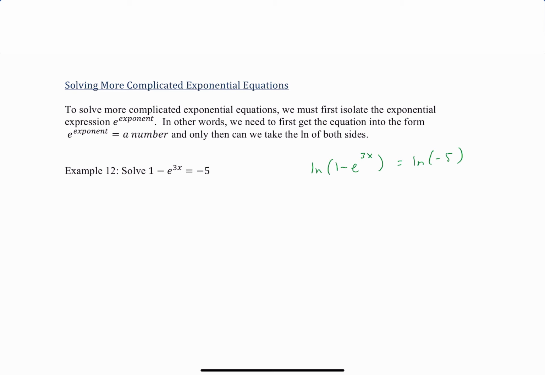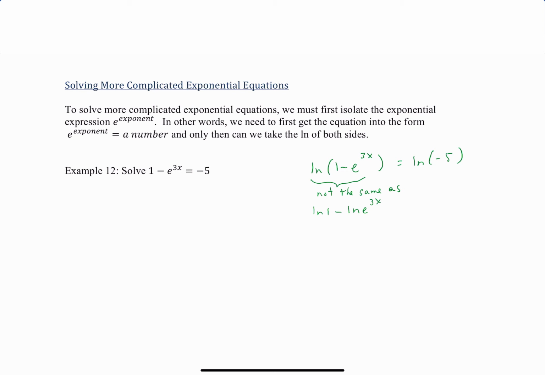But also, this is not the same as the ln of 1 minus the ln of e to the 3x. So that 1 in there and the minus sign stops us from being able to get the exponent down out of the exponent, and you can't deal with it by splitting it apart because that just is not the way logs work.